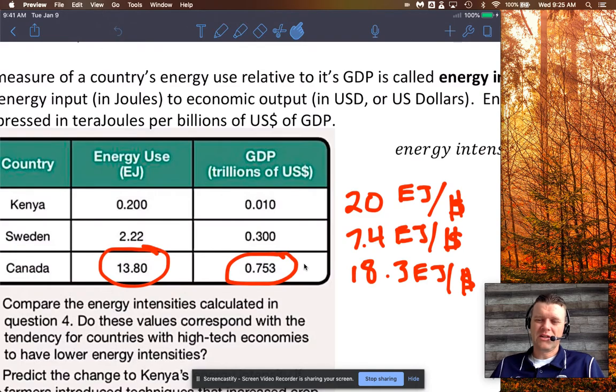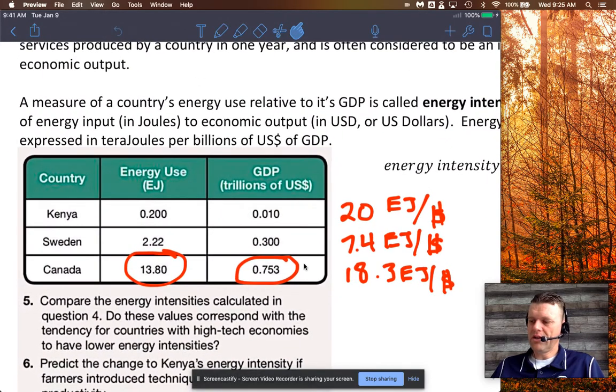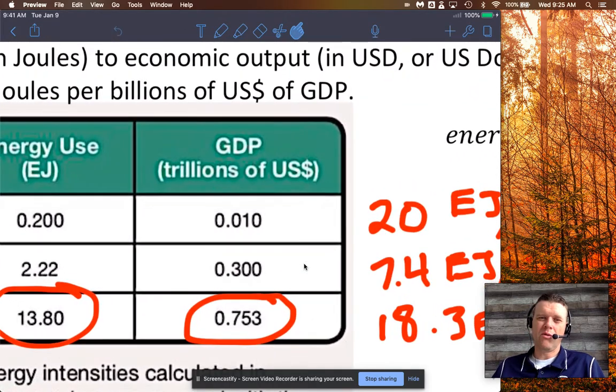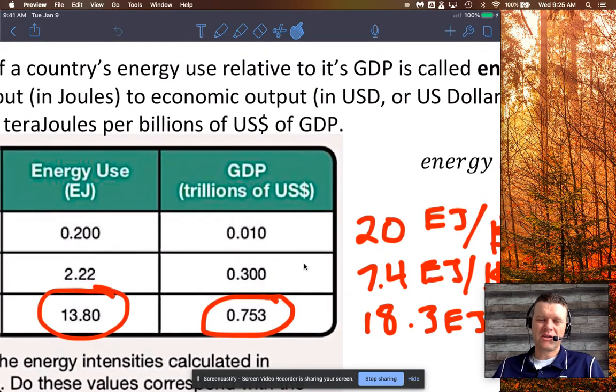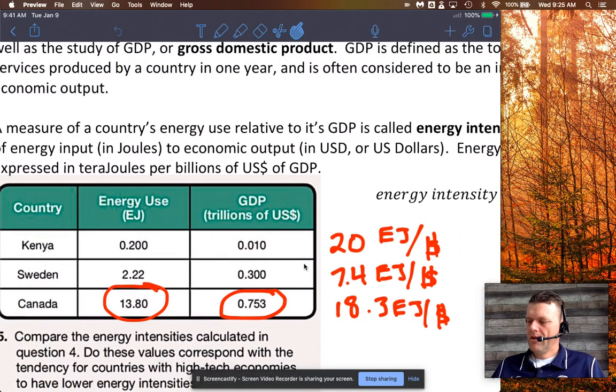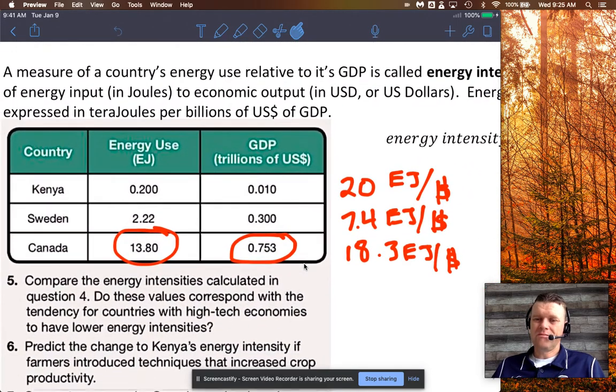But what you have to realize is Kenya potentially doesn't produce that much, and they don't. Look at their GDP, it's like 0.01, compared to 0.753. So Kenya's not producing very much, but they're consuming energy. So per dollar of GDP, they use quite a bit of energy per dollar that they make.